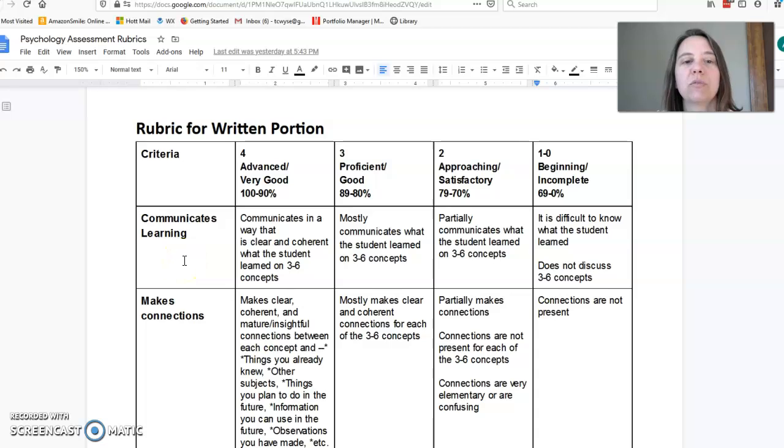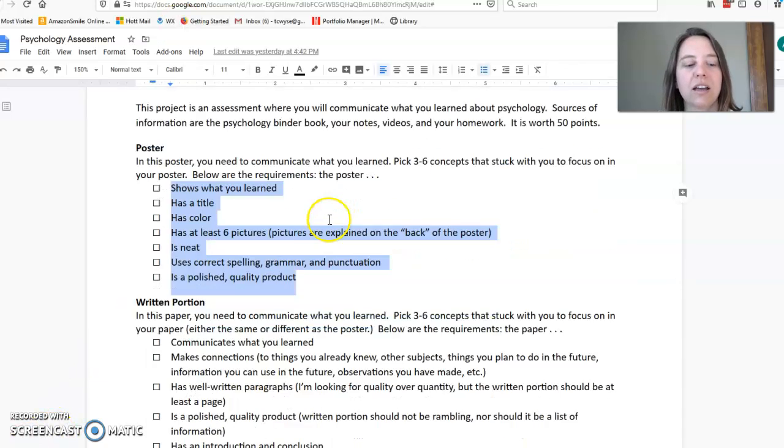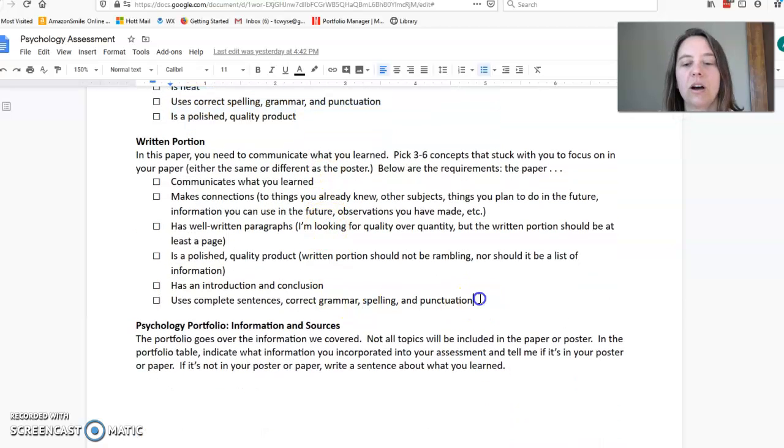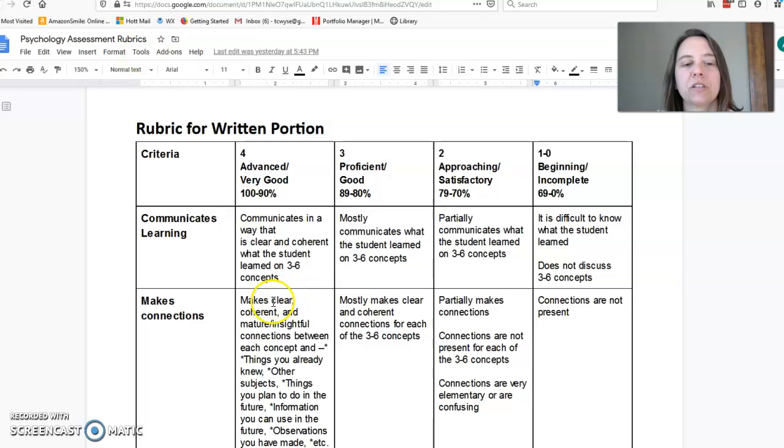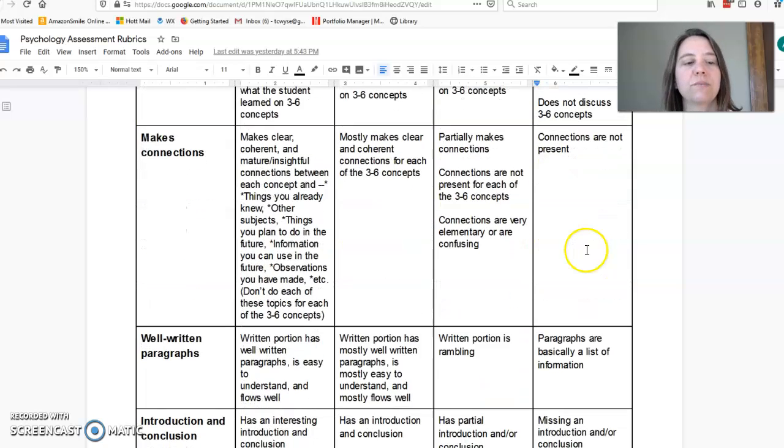And moving on to the rubric for the written portion, again on a 4-point scale, and communicates learning. I'm going to be grading you on these things that were found on the first page. So communicates in a way that is clear and coherent what the student learned on those 3 to 6 concepts, mostly and partially, or does not.